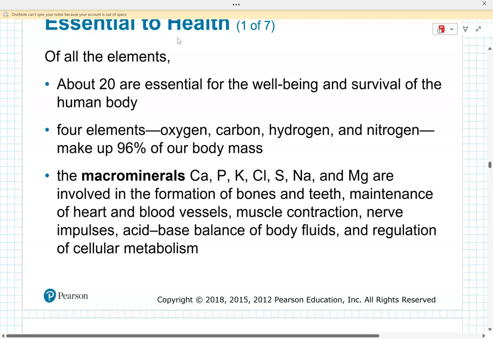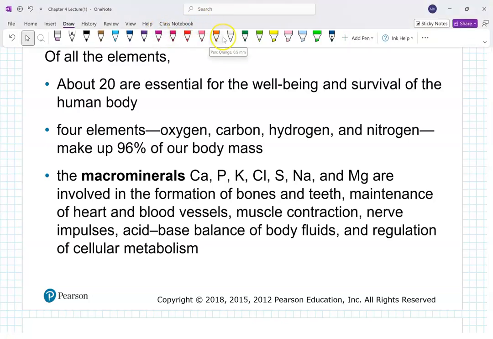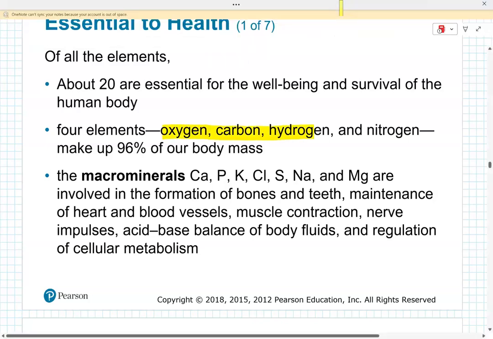It's kind of cool with all those macro and micro elements. So oxygen, carbon, hydrogen, nitrogen. As a biologist, by my second training, I would put sulfur out of macros because sulfur is in proteins.